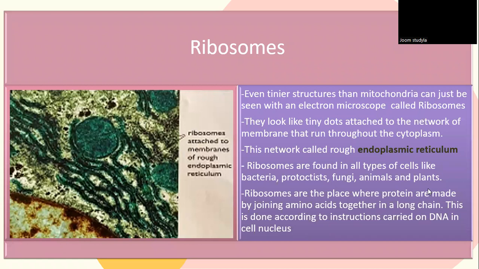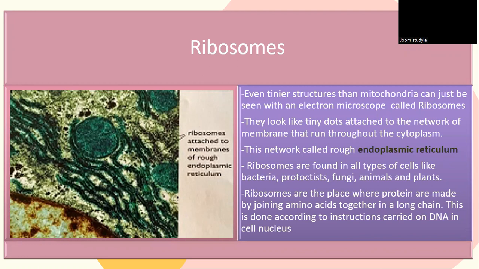And next is ribosomes. Ribosomes are an even tinier structure than mitochondria and can only be seen with an electron microscope. Okay, we cannot see ribosomes by using a light microscope. They look like tiny dots attached to the network of membrane that runs throughout the cytoplasm.